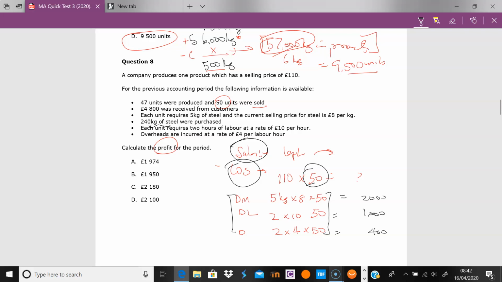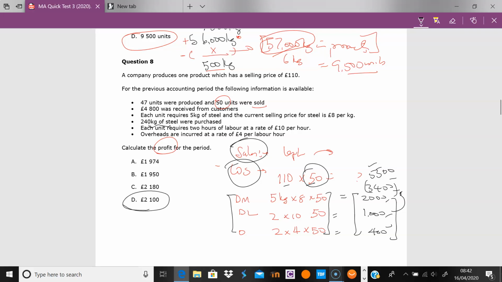So this one here, 5 and 11 is 55, 5,500. I need to add all these together and subtract from the 5,500. All of this gives me 3,400 altogether.